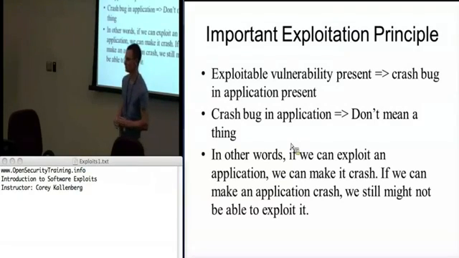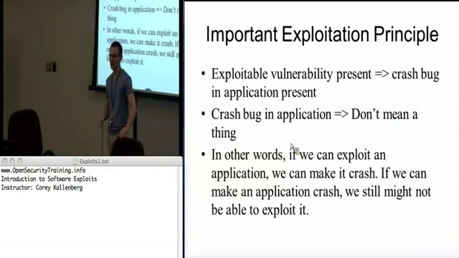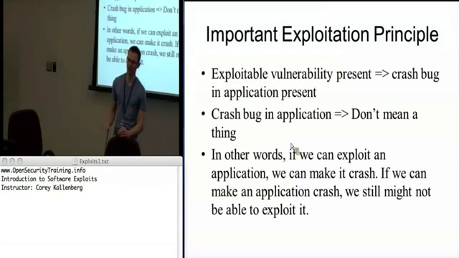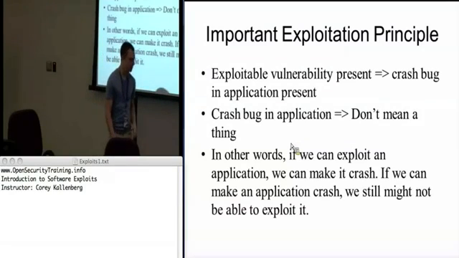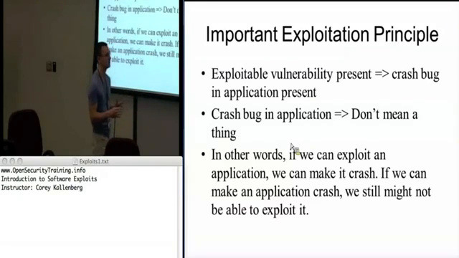So when you hear about fuzzing and things like that, basically what fuzzing is, is just trying to generate as many crashes in an application as possible. And then hopefully one of those crashes will represent an underlying vulnerability. So if there's a vulnerability present, you can crash the application, but just because you can crash an application doesn't mean that a vulnerability is present. The inverse is not true.